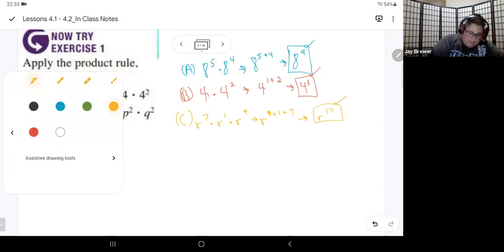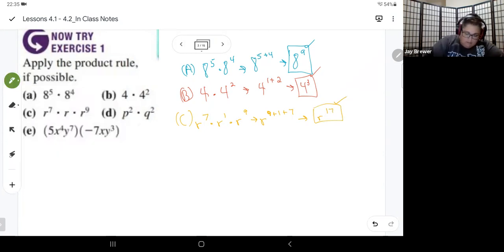Now, what's interesting about D here is we have P and Q. Okay, we have P squared, sorry, not plus, times Q squared. So you can write it with the dot, you could also just write it like that, because what you need to realize is that P and Q are different bases. So that's it.